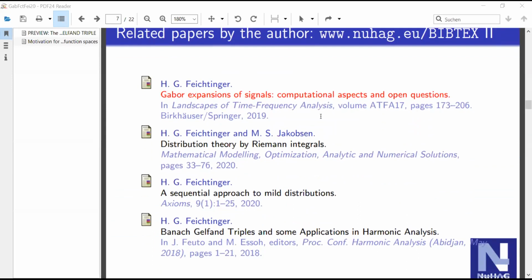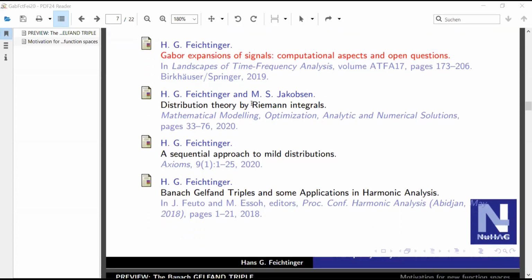For those who are following this course, maybe this article about Gabor expansions might be interesting. And in order to demonstrate that we can do this kind of distribution theory, only knowing Riemann integrals, I was writing this article together with Mats Jakobsen. This is still in development.